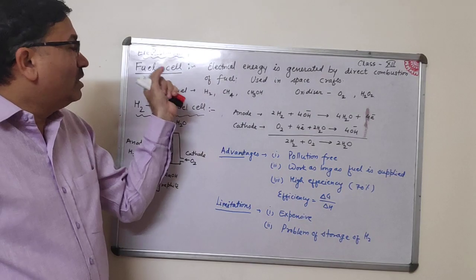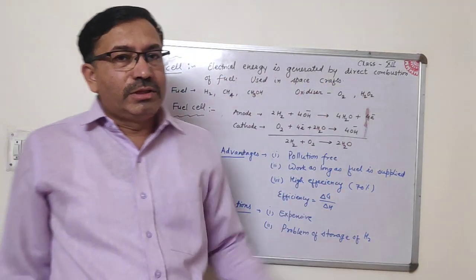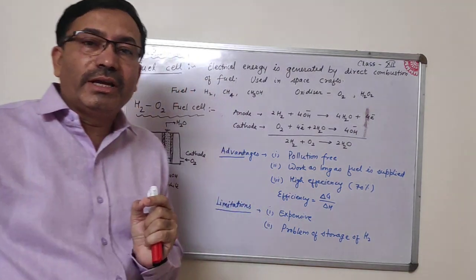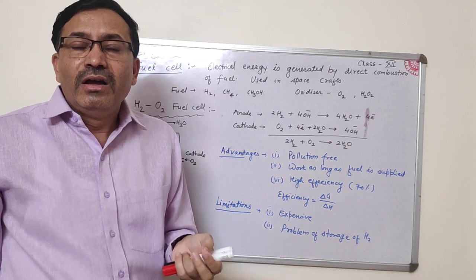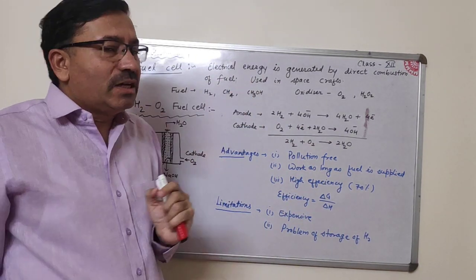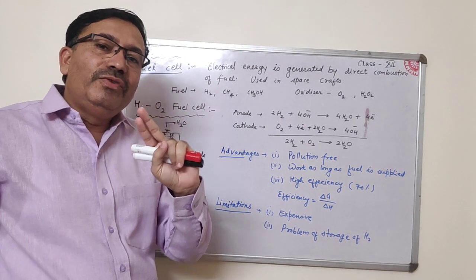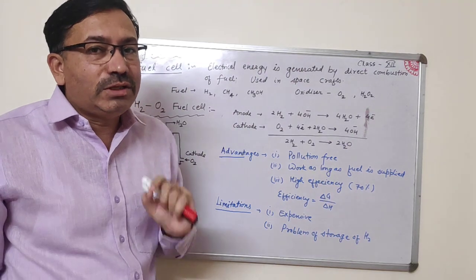Now, these fuel cells are generally used in spacecrafts. In all spacecrafts we are using fuel cells. Say the Apollo mission, this fuel cell was also used. In a fuel cell, we are in need of two things. One is the fuel and another is the oxidizer.